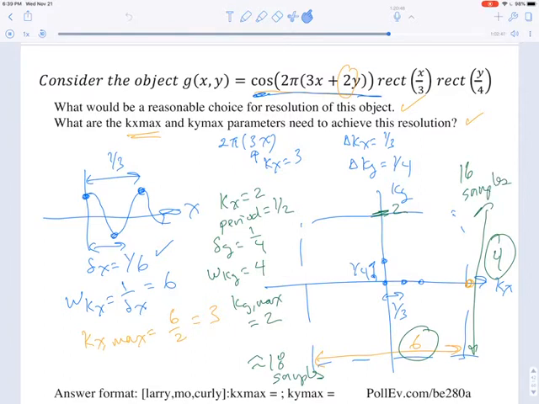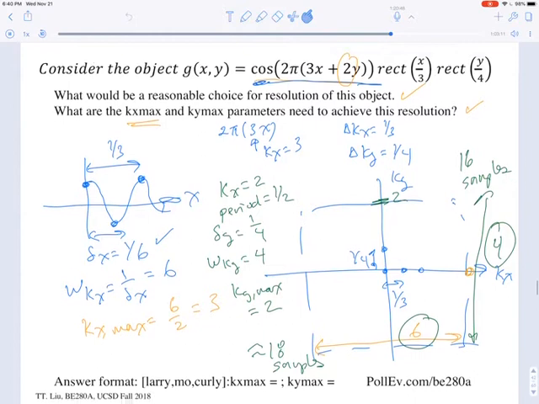So I do have more samples along one than the other, which is fine. In general, I've gathered the information I needed, fine-tuned to what was in my object, okay? Because my resolution was different in one direction than the other direction, and the FOV was different. So it's okay to actually have different numbers of samples in k-space, okay? All right, any other questions?